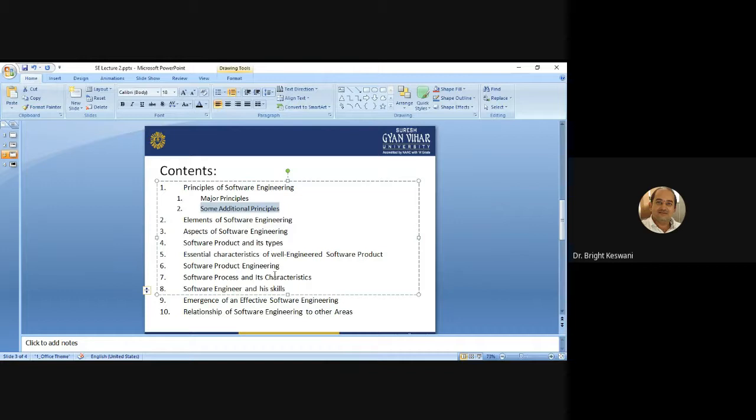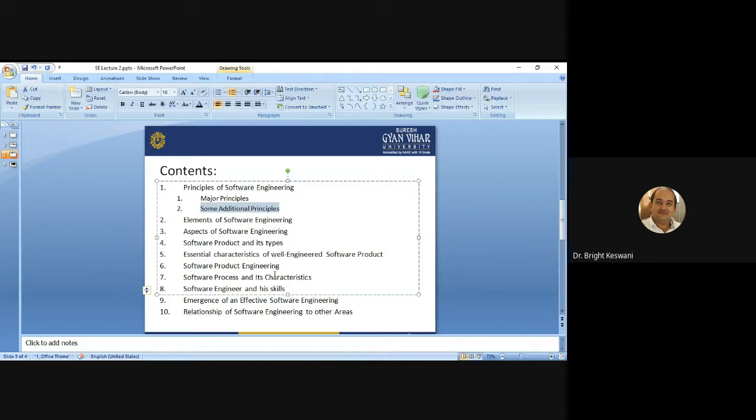The next additional principle is encapsulate. Encapsulation means information hiding. Information hiding is a simple proven concept that results in software that is easier to test and much easier to maintain. The next is use coupling and cohesion. Coupling and cohesion are the best way to measure software's inherent maintainability and adaptability.